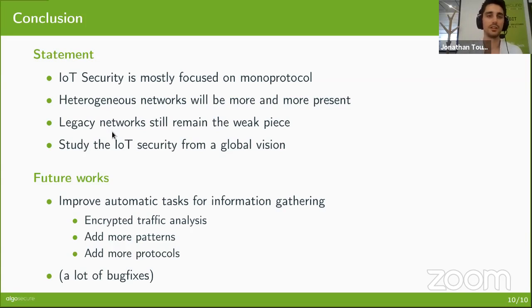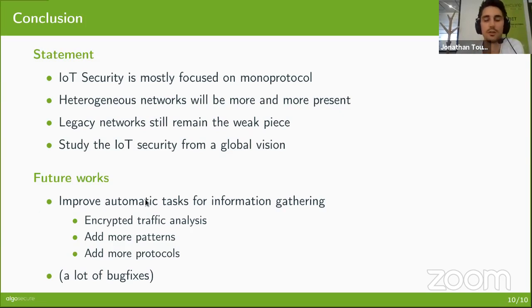And heterogeneous networks will be more and more present, making legacy networks that are rarely updated remain the weak places of the networks. What we consider is to study the IoT security from a global vision and not from a single point of view, from the protocol or the device, for example.